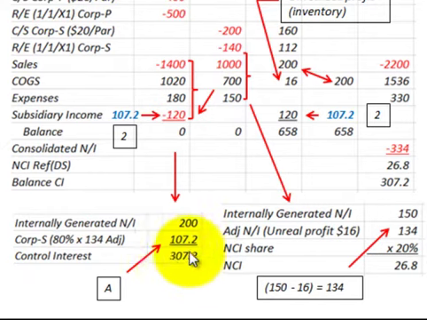The total amount here is $307,200. These amounts were based off the internally generated income for both the parent and the subsidiary, and there were adjustments that were made.